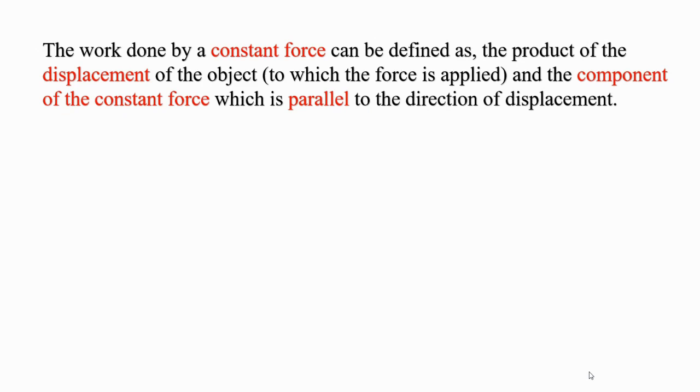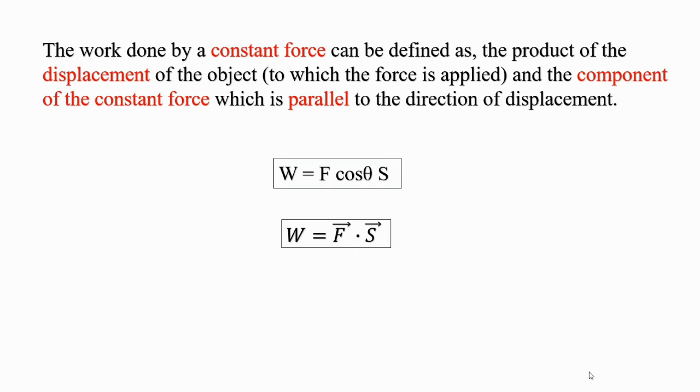Modified definition of work done by a constant force is the product of the displacement of the object and the component of the constant force which is parallel to the direction of displacement. W is equal to F cos theta into S, where F cos theta is the component of the force in the direction of a displacement S. Work is equal to F bar dot S bar.